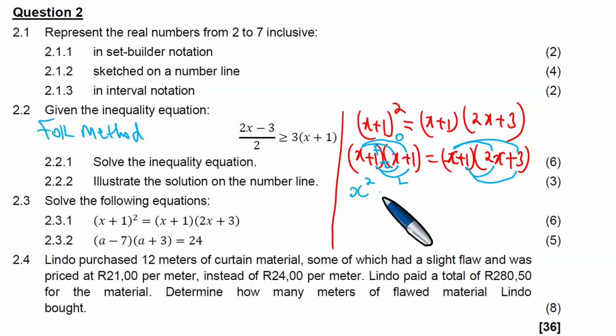So the FOIL method means that now you're going to multiply x and x, the first, x squared, then x times 1, x times 2x, which is x by 3.